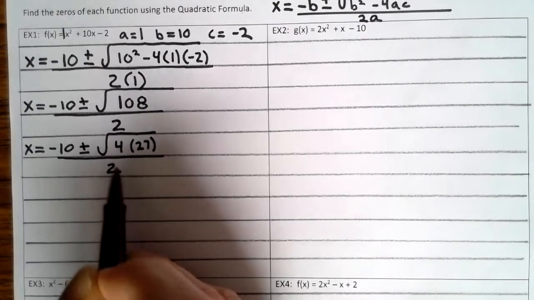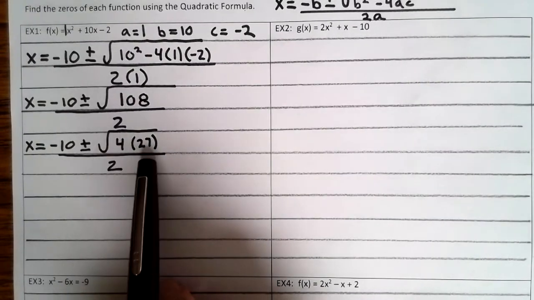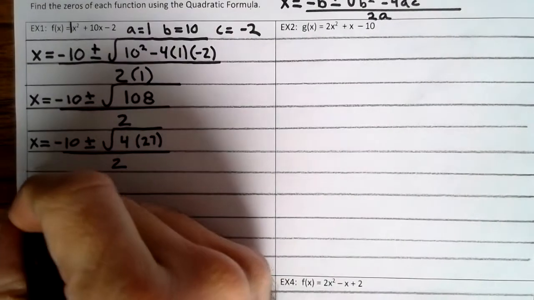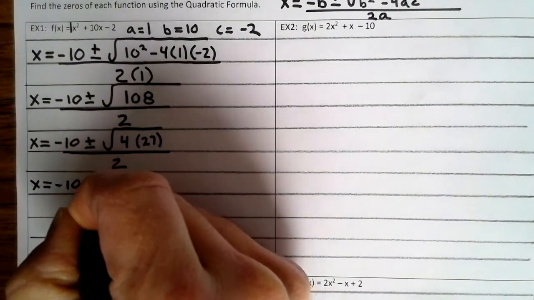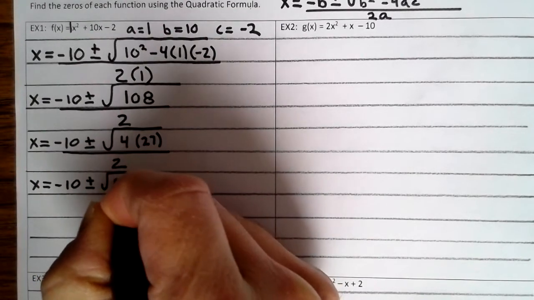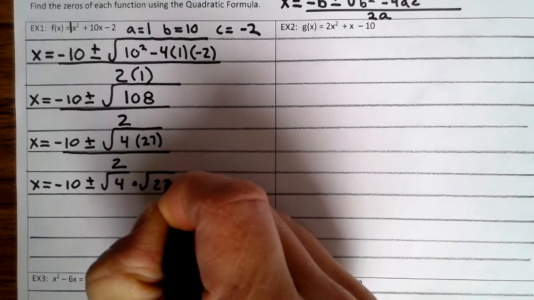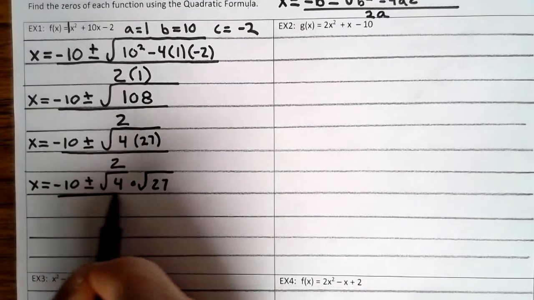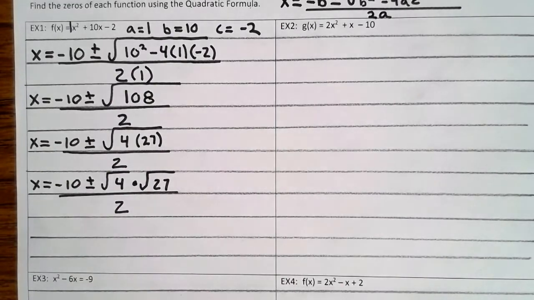Now, why that's significant is because now we can take the square root of 4 times the square root of 27. So we have x equals negative 10 plus or minus the square root of 4 times the square root of 27, divided by 2. Well, the square root of 4 is 2.